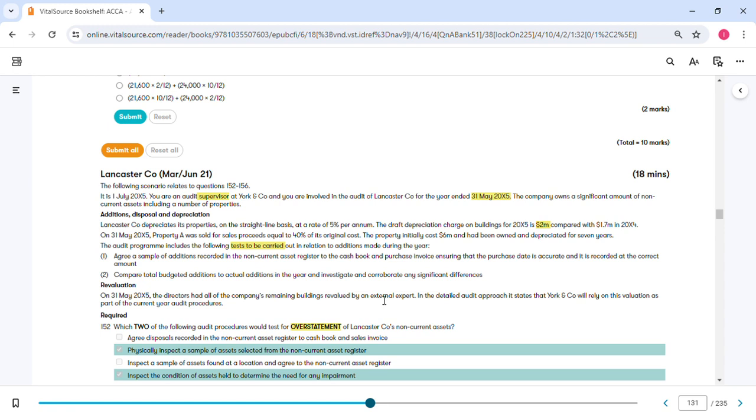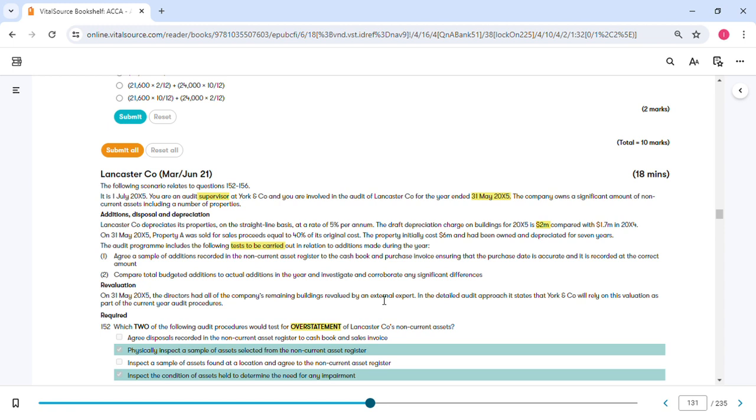It comes to how much? 2.4 million. Okay. Next, carrying amount.